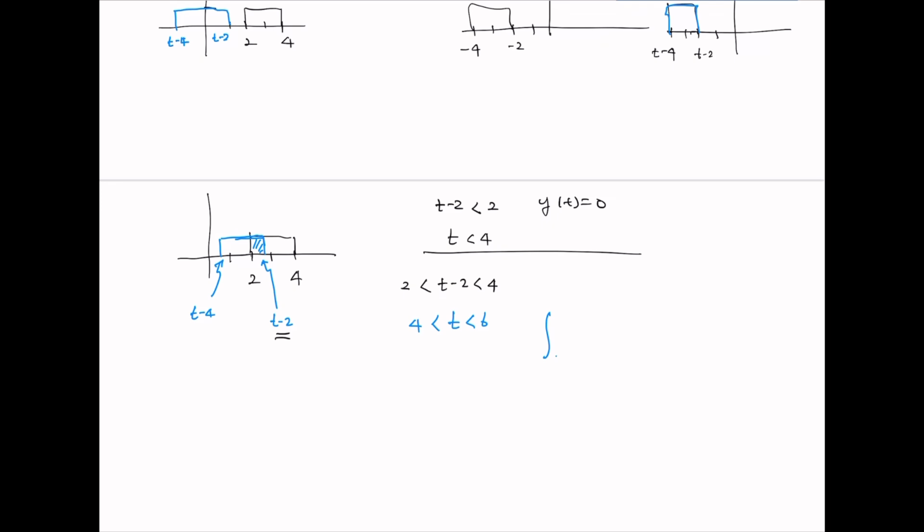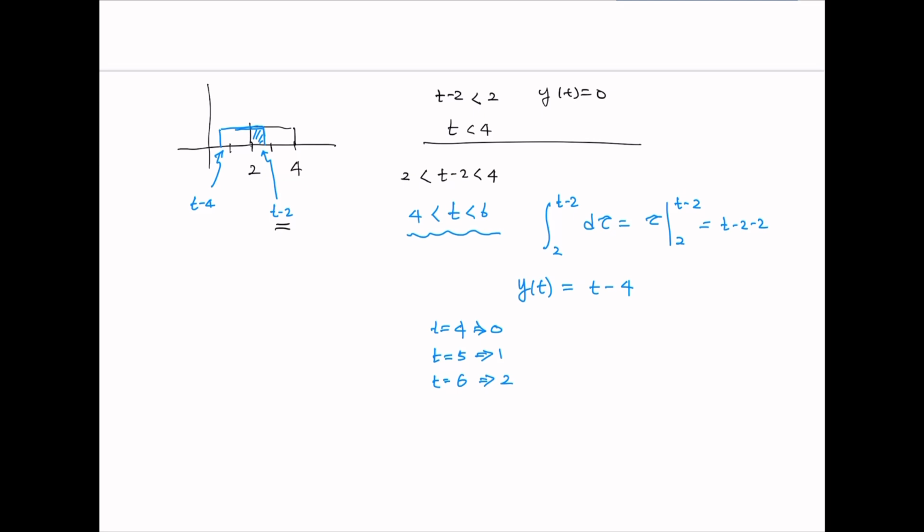Integral, we're going from 2 to t minus 2 of d tau. That is tau going from 2 to t minus 2. That is t minus 2 minus 2, so y of t is t minus 4. So from 4 to 6, when t equals 4, you're going to have a 0. When t equals 5, we're going to have 1. When t equals 6, we have a 2.